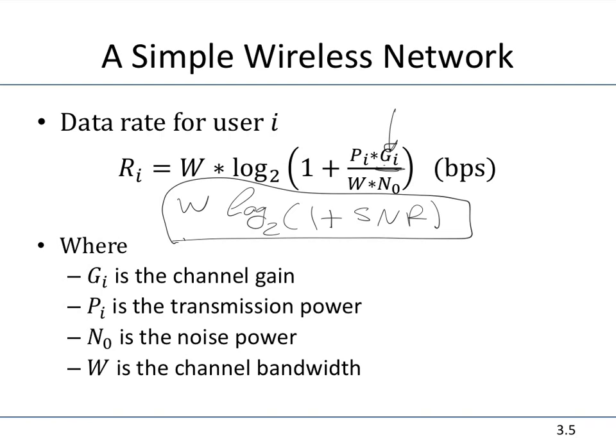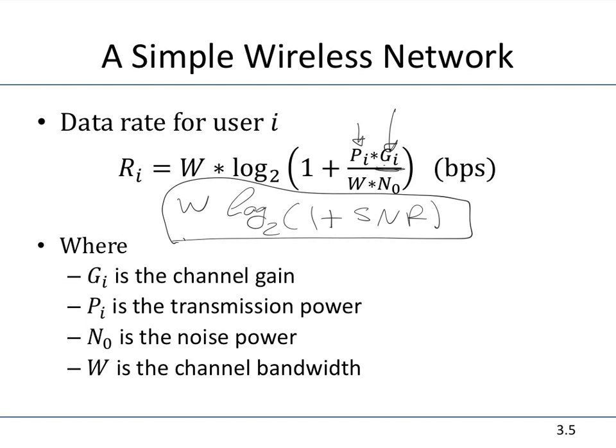PI is the transmission power from the base station to user 1 or from the base station to user 2. Which means that PI times the gain is the received power.